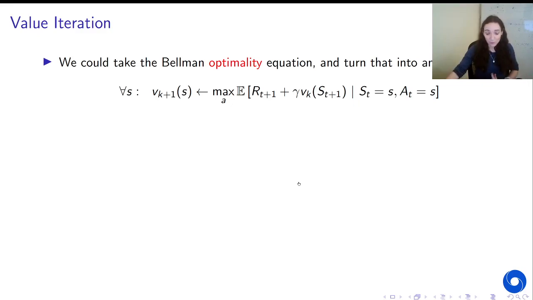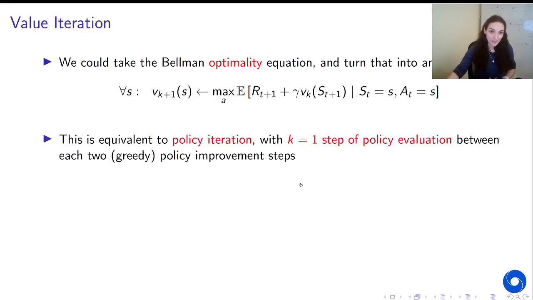The way I think about value iteration is actually from a different perspective: taking the Bellman optimality equation and doing the same thing that we did with iterative policy evaluation, turning this into an update equation. If you go through the steps, you will see that this is equivalent to doing policy iteration with k equals 1 in the iterative policy evaluation step.